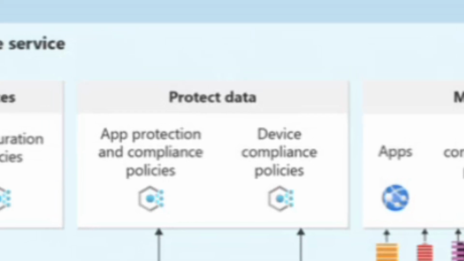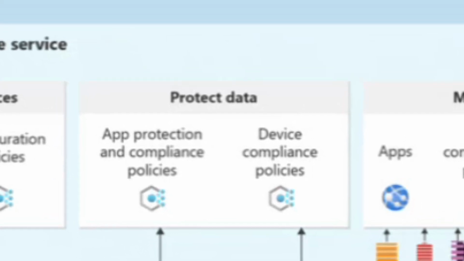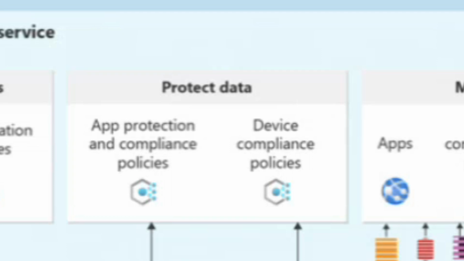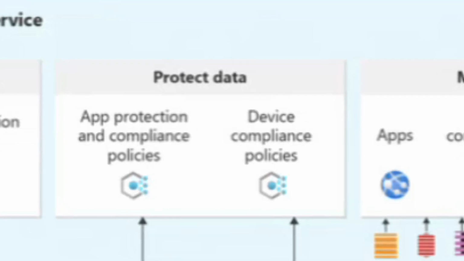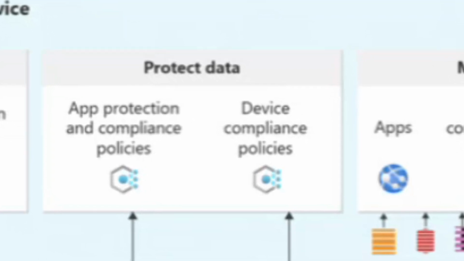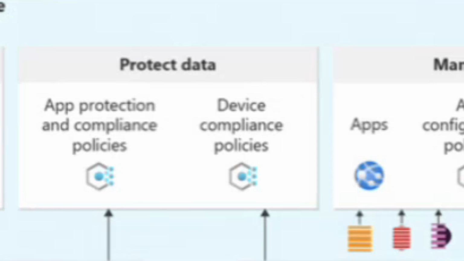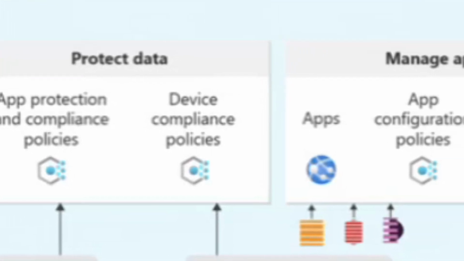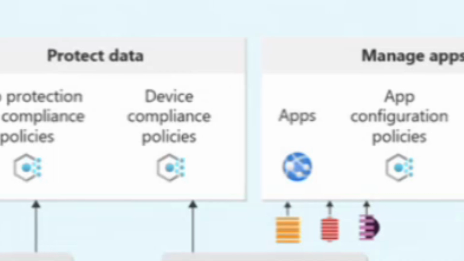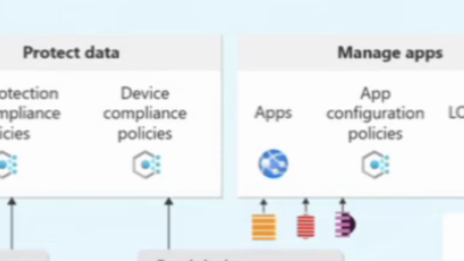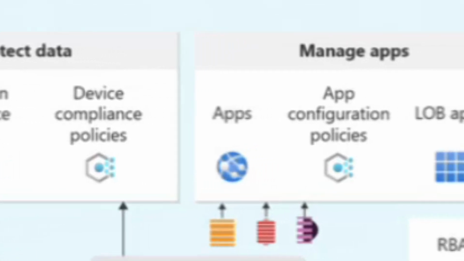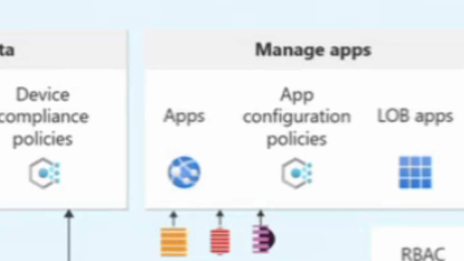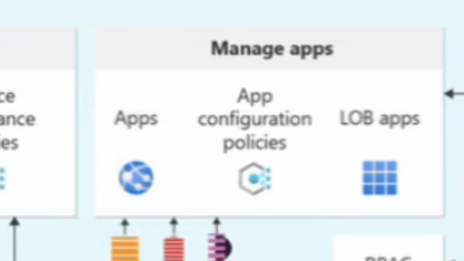Protect data is very similar. You need to set the app protection policies where you can secure your apps and prevent data loss and unauthorized access. Okay. Device compliance policy is where you ensure that your devices are meeting the organization's security requirements. If not, then it will not get access to the data.